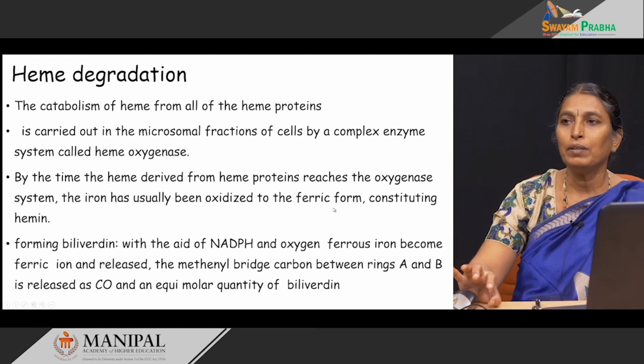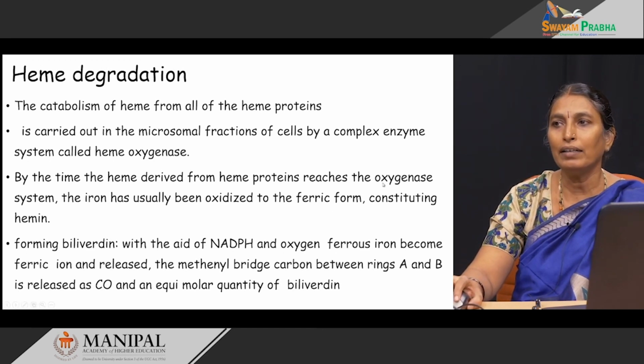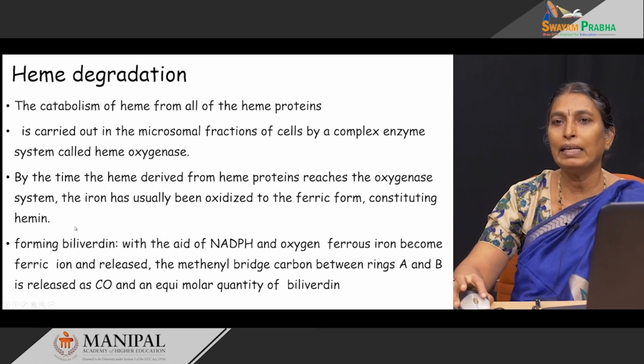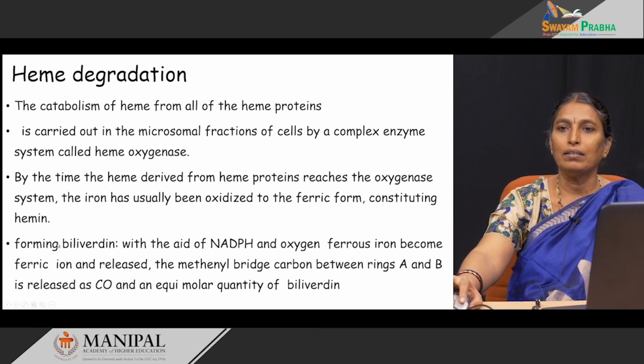In the heme the iron is present as Fe2+, but when it reaches the oxygenase system, it becomes the ferric form and is called hemin. Porphyrin ring with Fe3+ is called hemin.